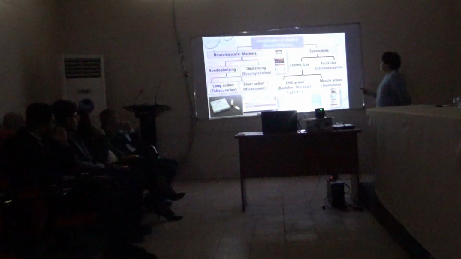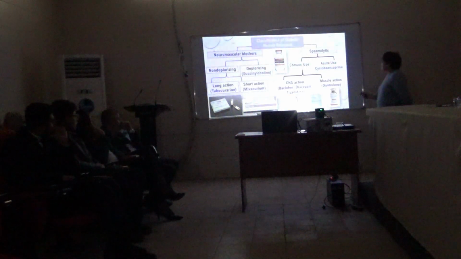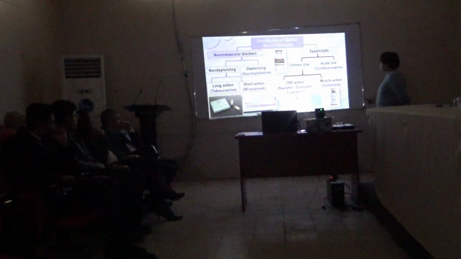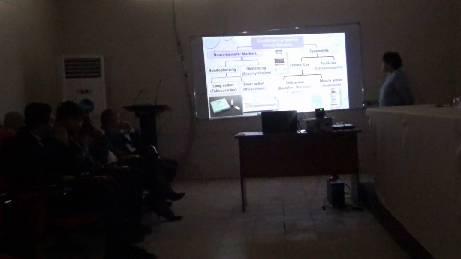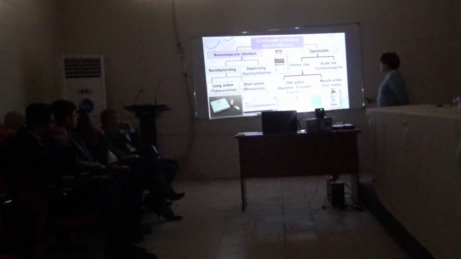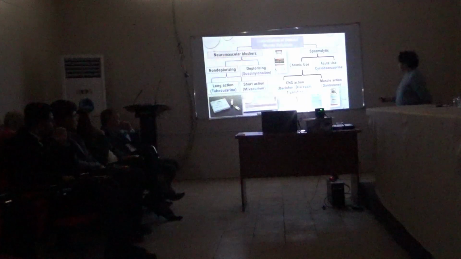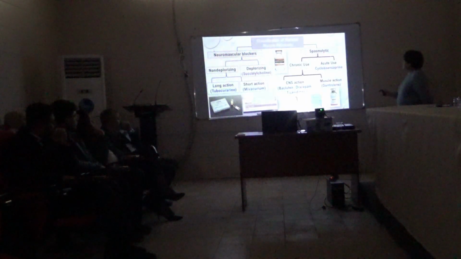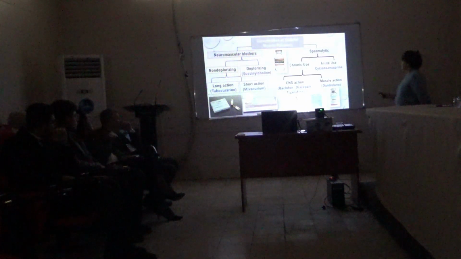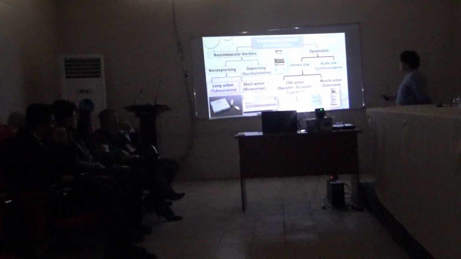The second division is spasmolytic. Chronic use is divided also into CNS action: baclofen, diazepam, and tizanidine, and also muscle action, direct action: dantrolene. The other division is acute use, like cyclobenzaprine.